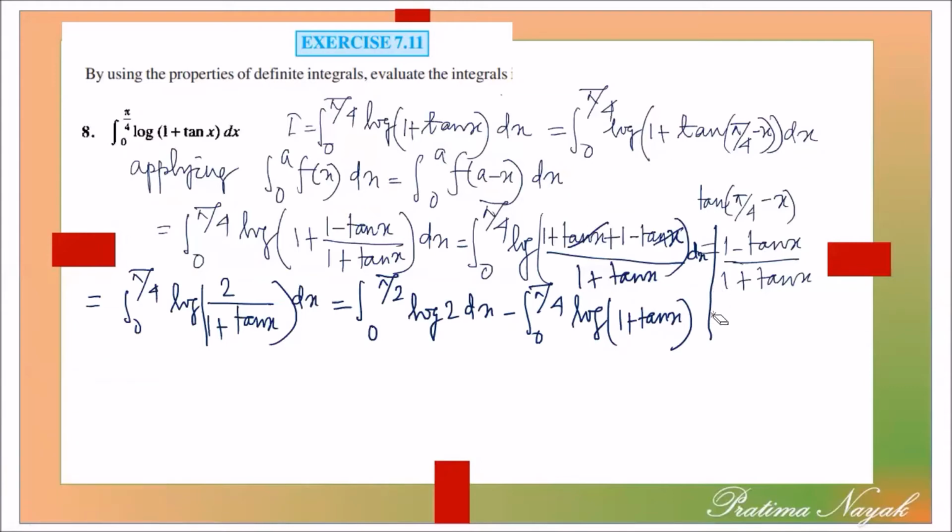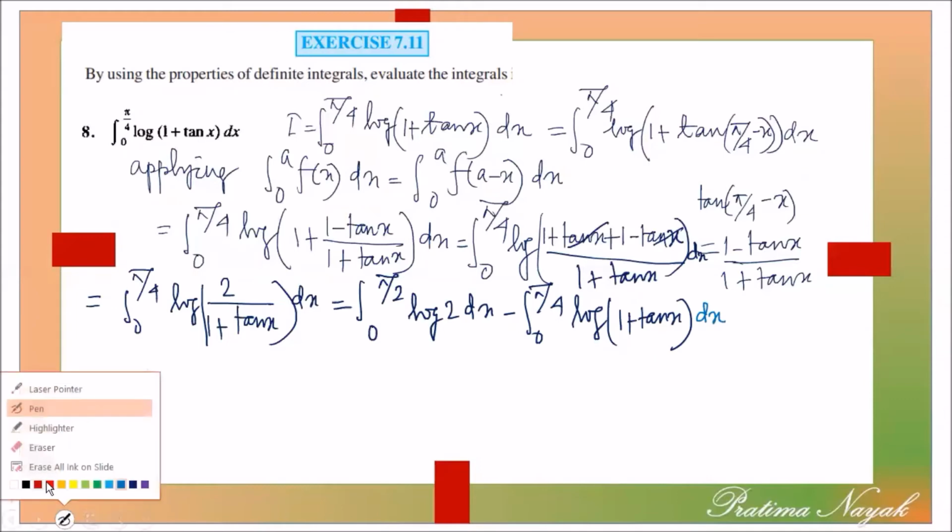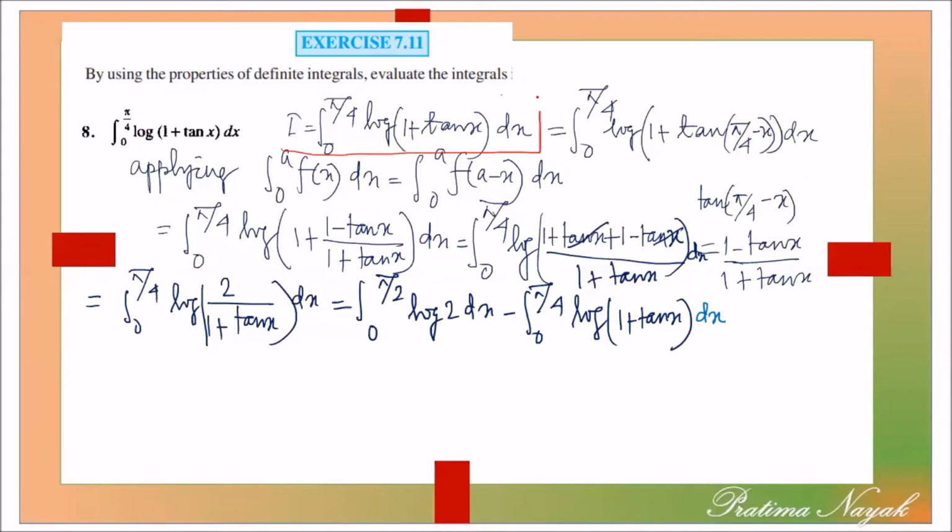We started from this function only. This is your integral. Can you see now? Can you check? This was I. See, this was I. And I am getting I again on the right side with a negative sign.